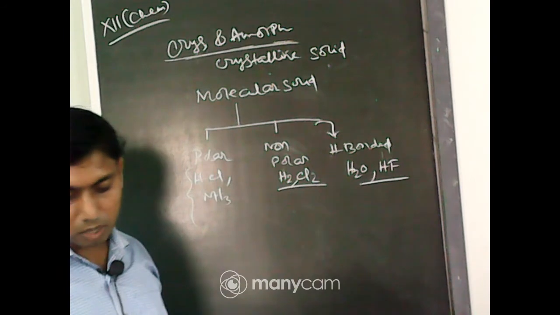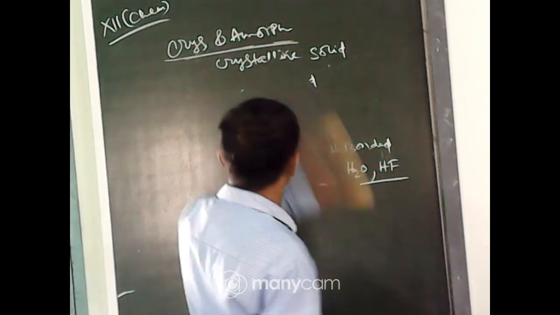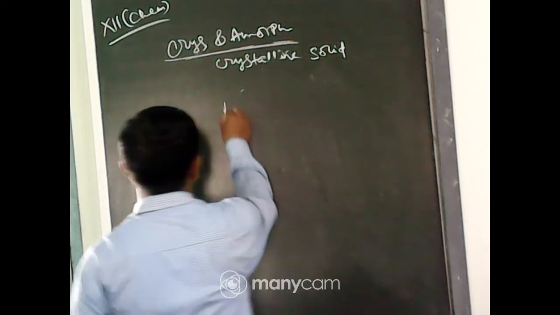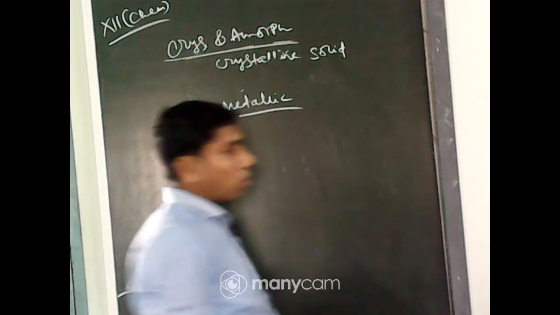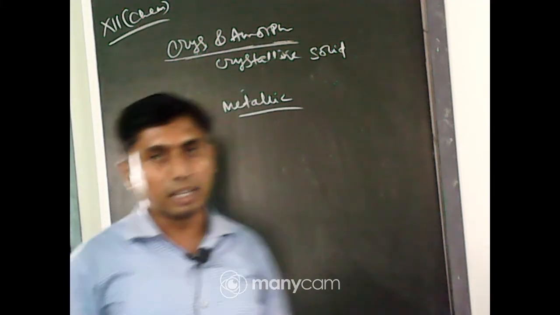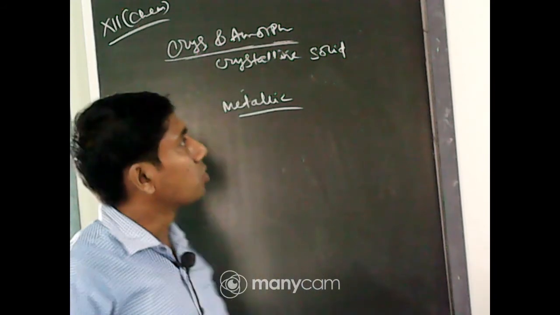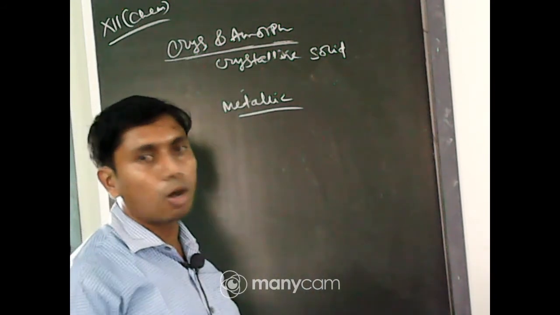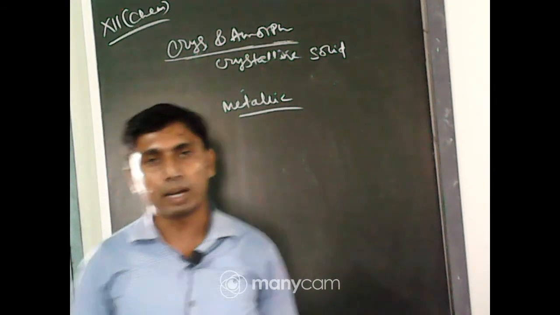This is the third one, and the fourth one is the metallic solid. In a metallic solid only metal atoms are there, that is, in the structure of any metal, it is only the metal atom. Suppose in copper or iron, only the iron atom or only the copper atom is there.